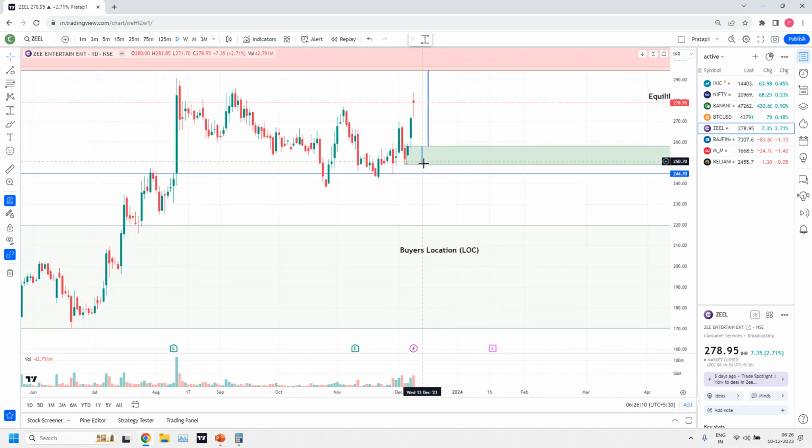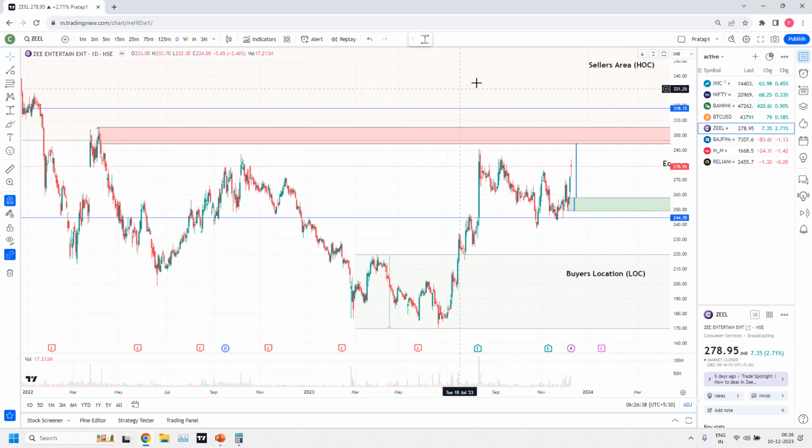Risk means a potential loss. Reward is a potential profit. That is expected profit and expected loss. If the trade goes against you, that is expected loss. If the trade is in your favor, that is expected profit.